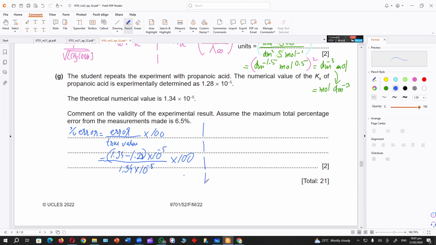We have to solve it. 10 power minus 5, 10 power minus 5 will eventually cancel.